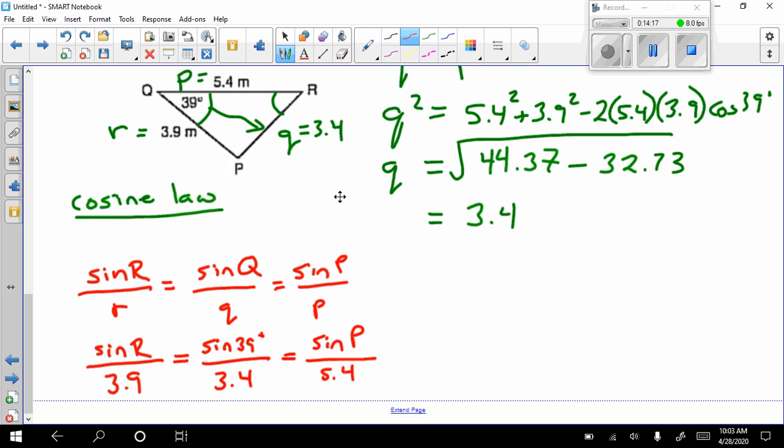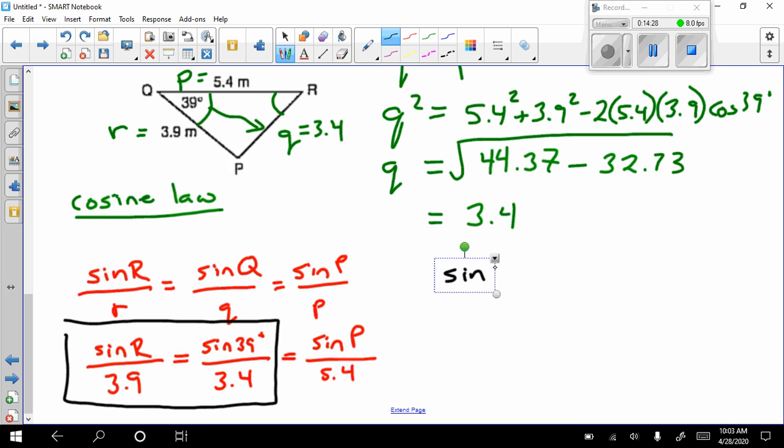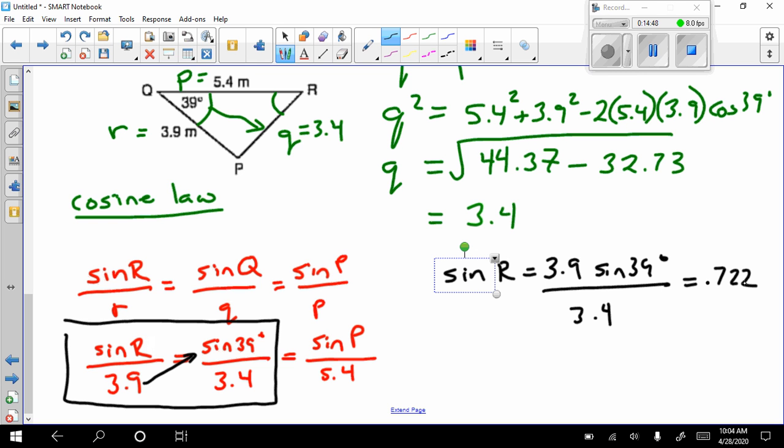With sine law, we're always focused on 2 of the ratios, so I'm going to work with those 2. I'm going to write sine of r is equal to, and I'm going to cross multiply the 3.9 up, so 3.9 times sine of 39 divided by 3.4. When I type all that in, I get 0.722.